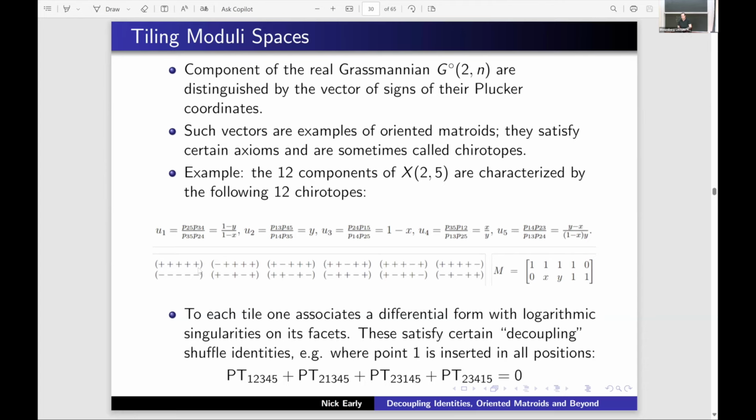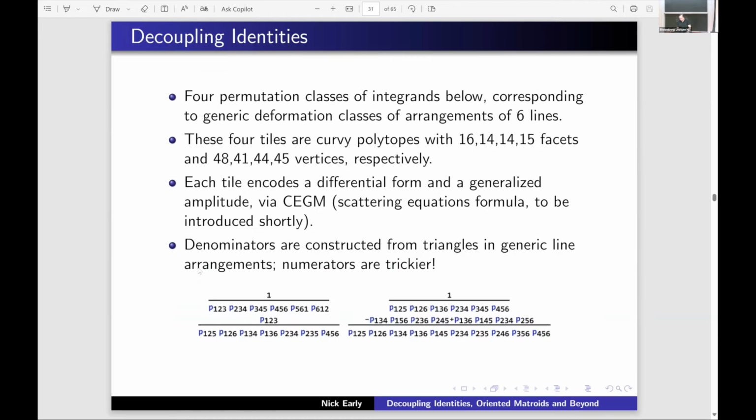So I'd like to generalize this, and go to X(3,6), which is what we considered at the beginning in 2019. This is 6 lines in the projective plane. This space X(3,6) is decomposed into some number of tiles, and each tile has associated to it a differential form.